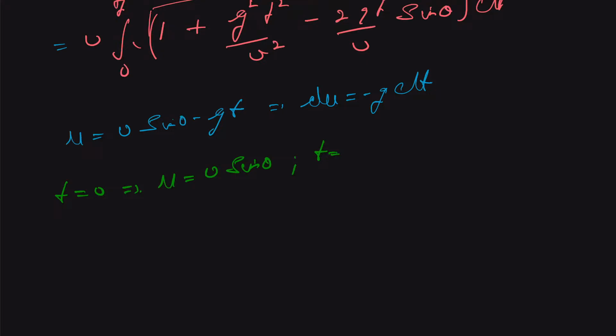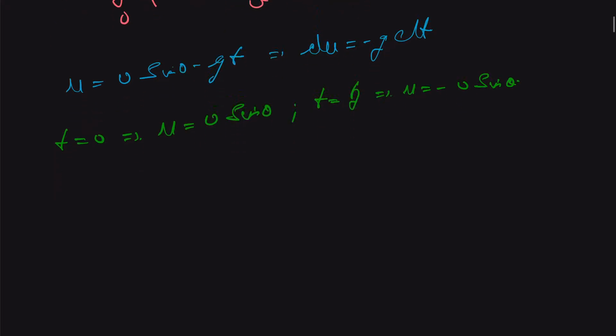When t is equal to tf, we get our u is equal to minus v sine of theta.